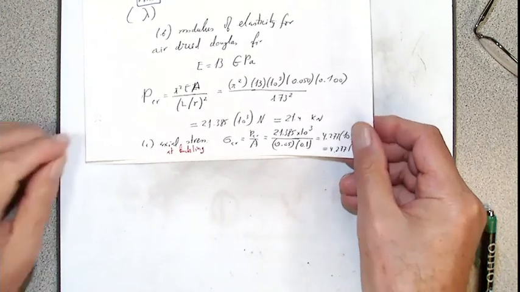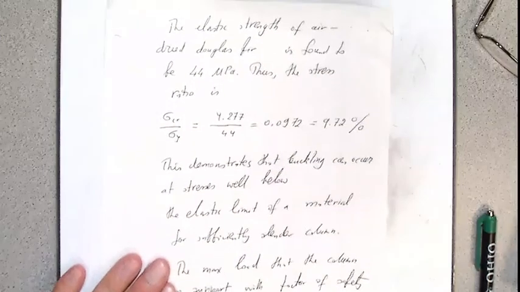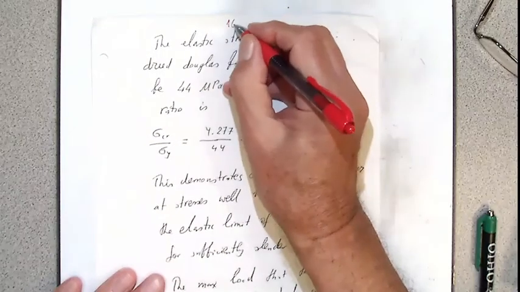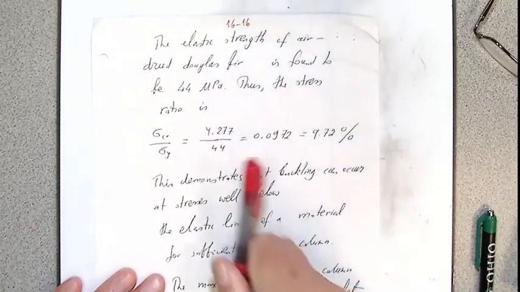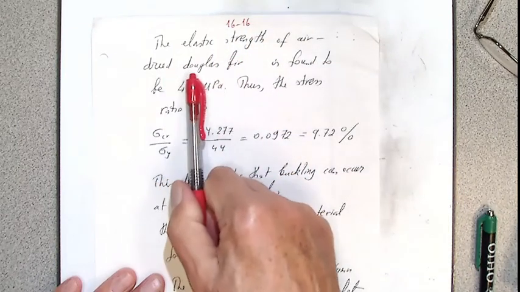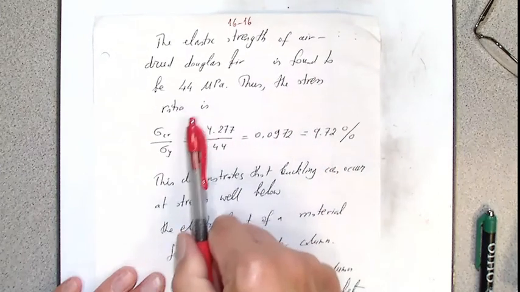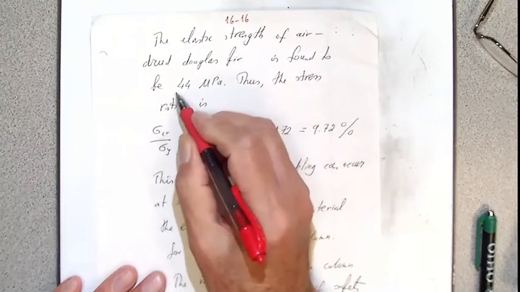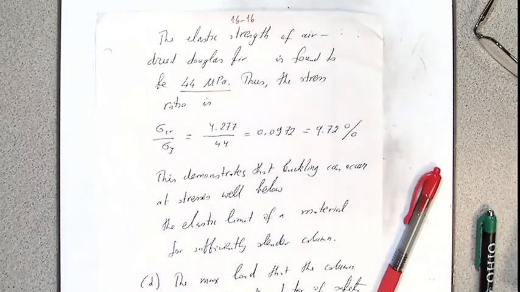Second, 1616. The elastic strength of air-dried Douglas fir is found to be 44 megapascals. So that is the yield stress of this material.